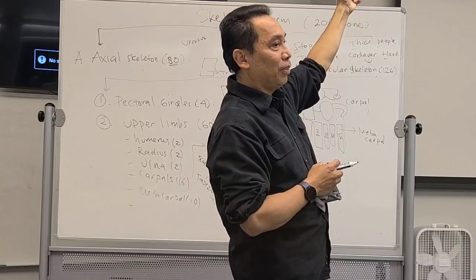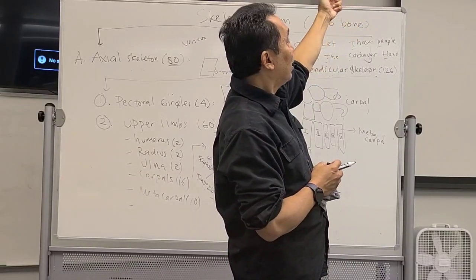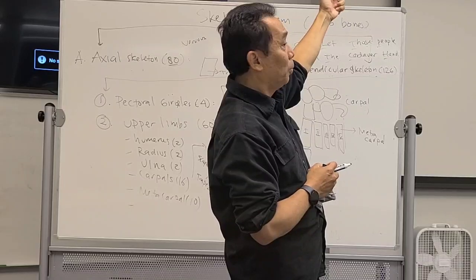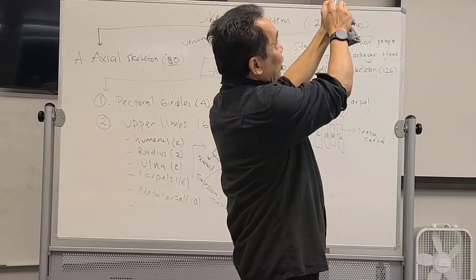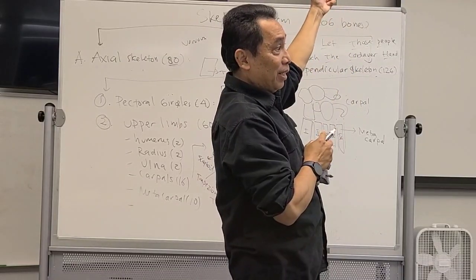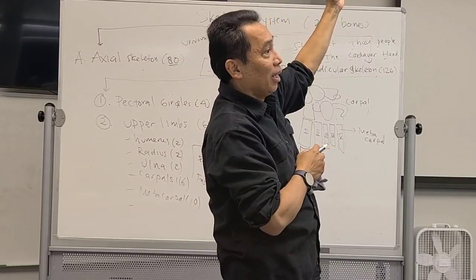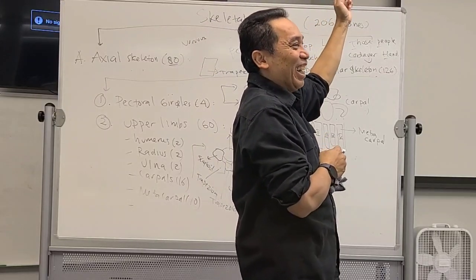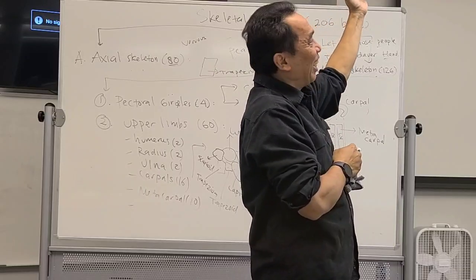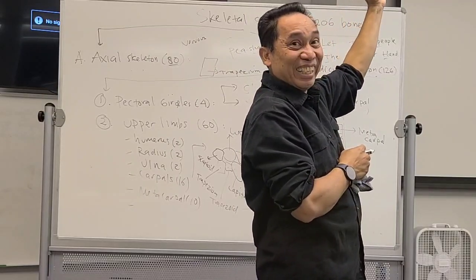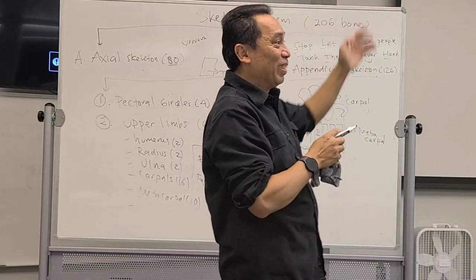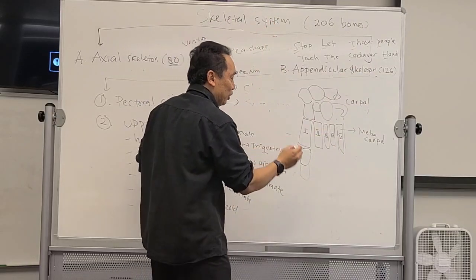Thumb only has, no, look, 2, right? 1 and 2. And then how about this? 3. How about this? 3. How about this? Yeah. Total, how many? So thumb has 2, right?